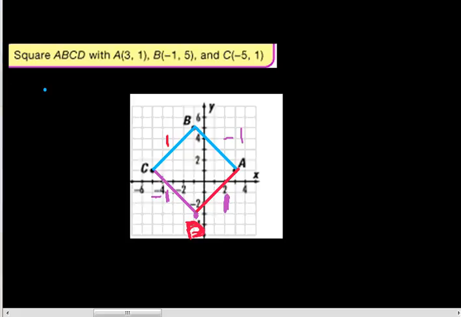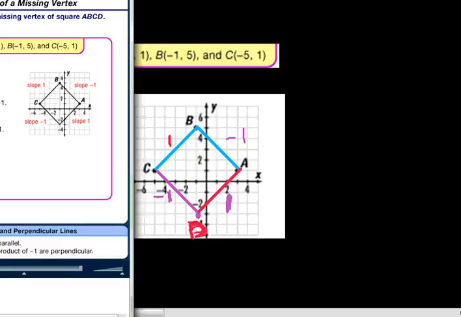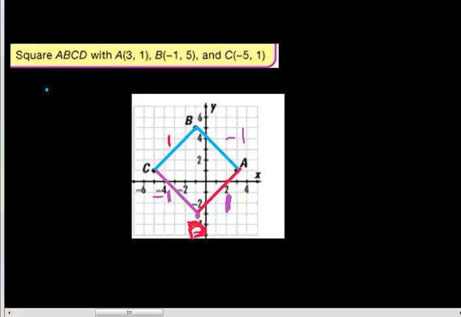Notice this side and this side are parallel because their slopes are equal, -1. And also these two sides have the same slope of +1, so they are parallel because their slopes are equal.